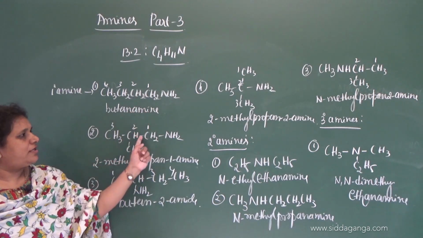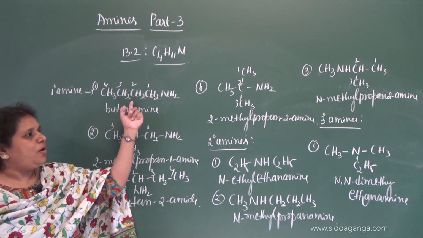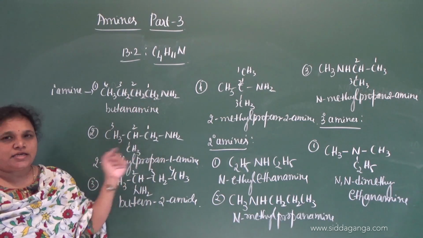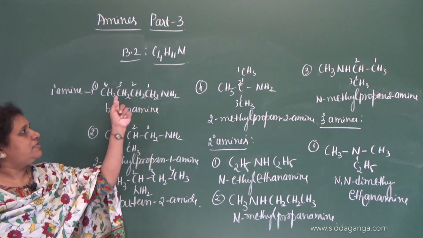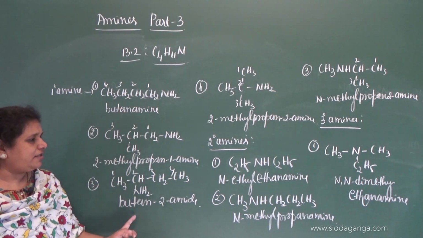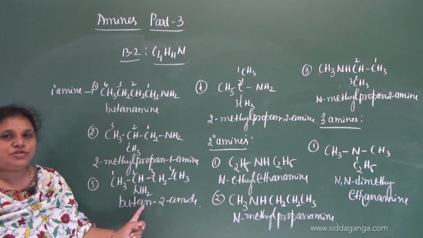In which this formula can give chain isomers. So 1 and 2 are chain isomers, or you can say 1 and 4 are chain isomers. So it gives chain isomerism. It also gives position isomerism. See here, 1 and 3 are position isomers, butane 1-amine and butane 2-amine.